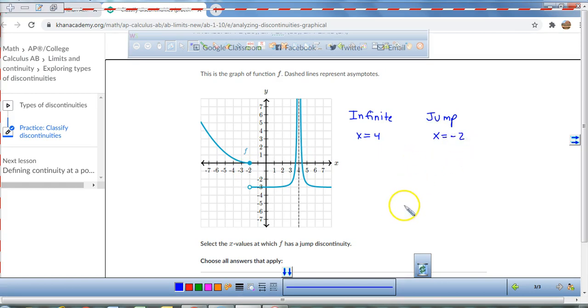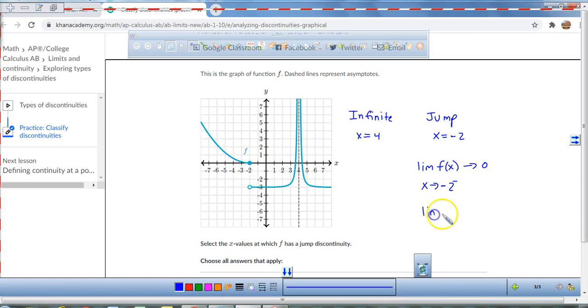We're going to use this opportunity to talk about limits at points. For example, what is the limit of f of x as x approaches -2 from the left? The little negative sign means from the left. So from the left, it's approaching 0.